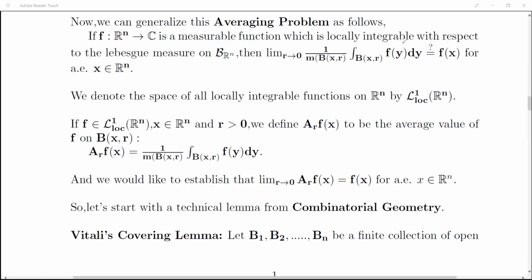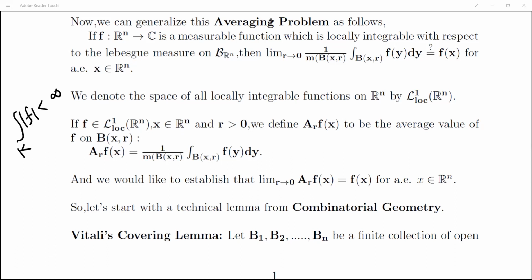So here's the definition. We denote the space of all locally integrable functions on R^n by L^1 local of R^n. By locally integrable function, I mean that the integral of f on a bounded measurable set is finite.